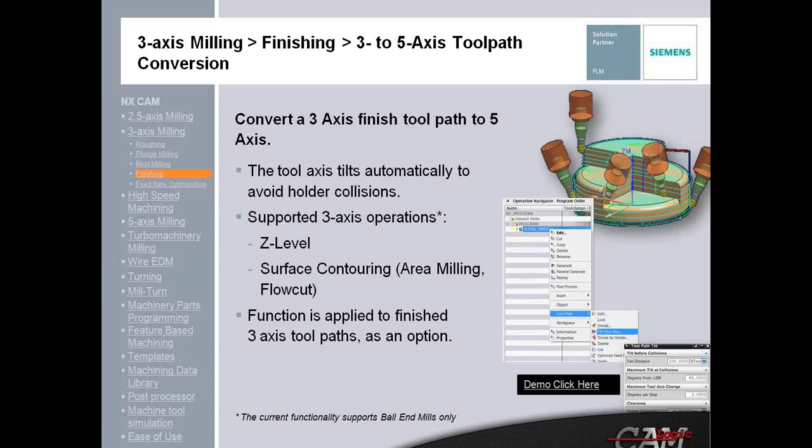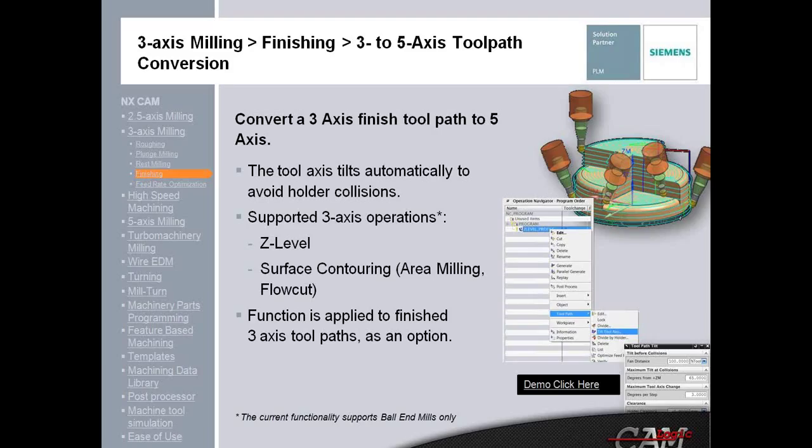In the mold and die industry, we're seeing more and more 5-axis machines coming into play, and not just 3+2 machining, but actual full 5-axis machining. With NX 7.5 and NX 8, there was a new tool created that will allow NX to automatically convert a 3-axis finishing tool path to a 5-axis tool path.